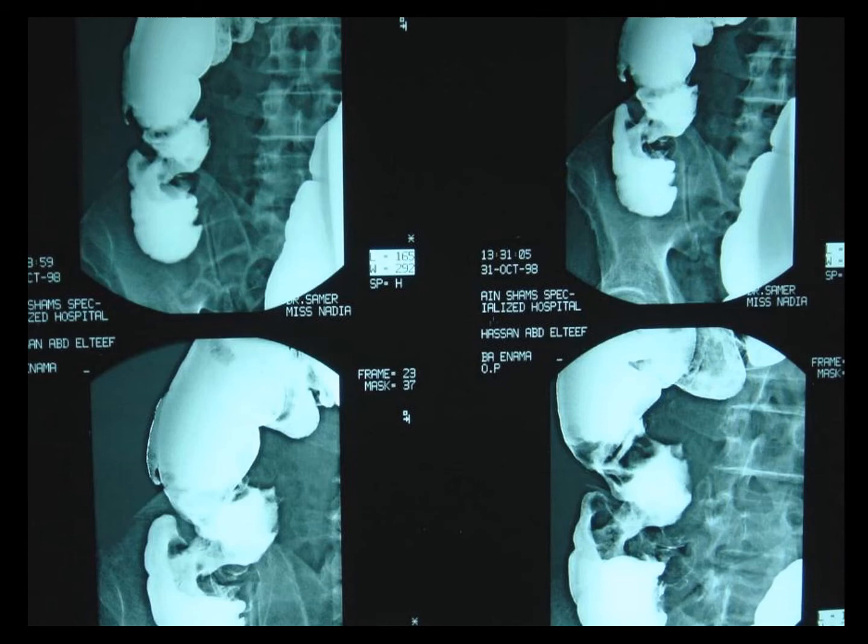This is a barium enema showing the carcinoma here, and the characteristic is what we call the apple core appearance, irregularity in the mucosa and narrowing of the lumen.